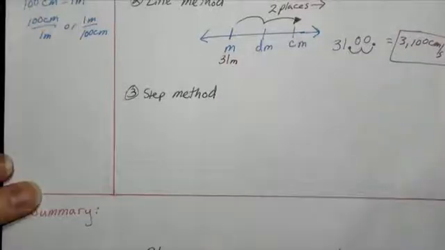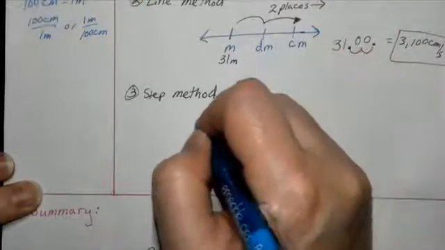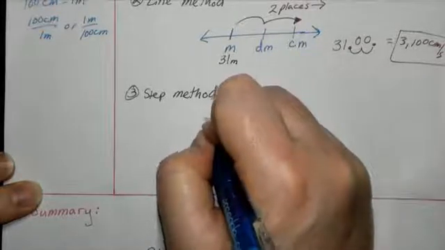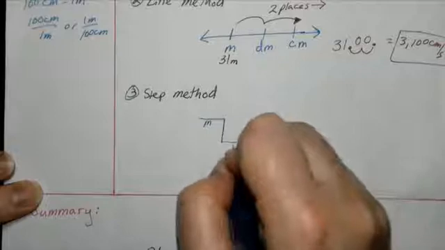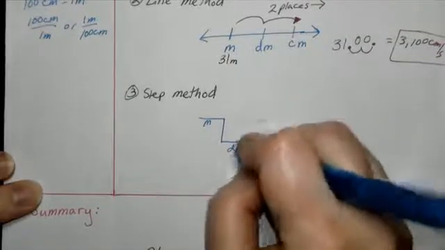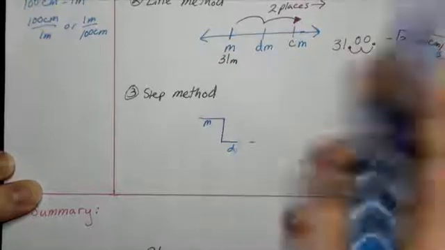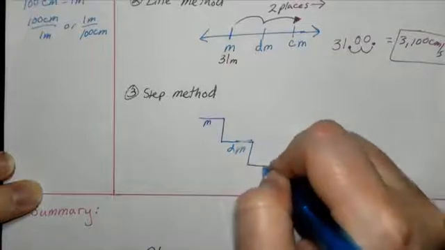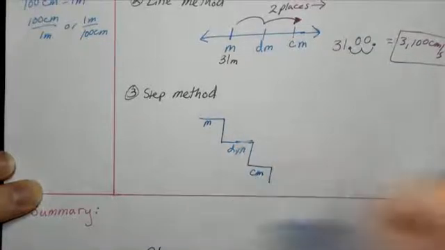I'm not going to do the whole entire stair step because I'm not about that life today. So we're going to start with meters, and then we'll have our decimeters. And then we're going to go down to our centimeters.